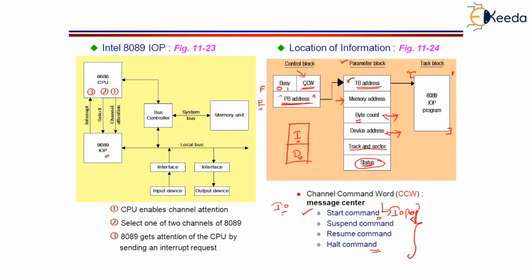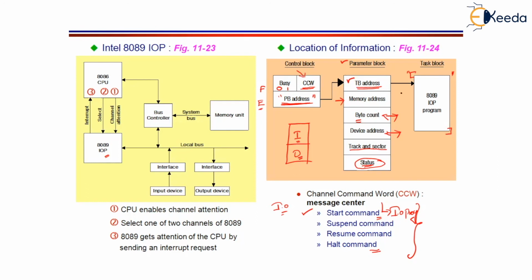After starting the command, 8089 must be intimated with the program's address. Which IO program in the main memory does 8089 need to execute? So it is going to use the PB address, that is the parameter block address. The parameter block address is a pointer to the parameter block.